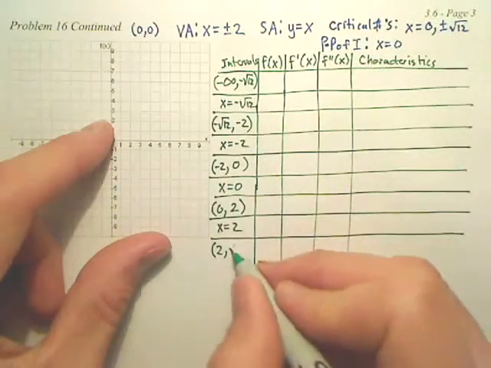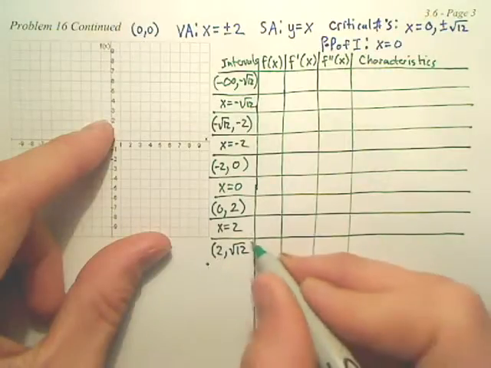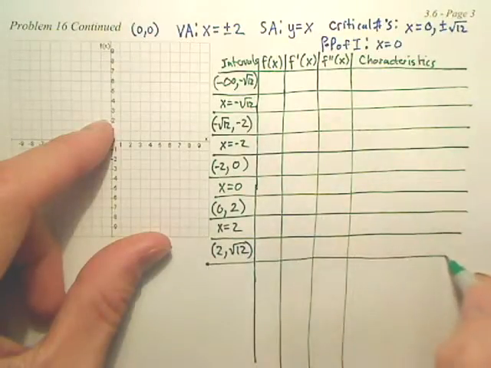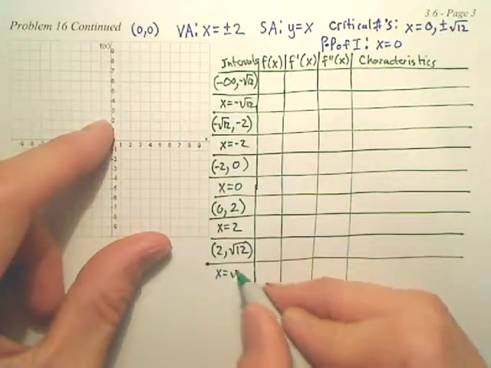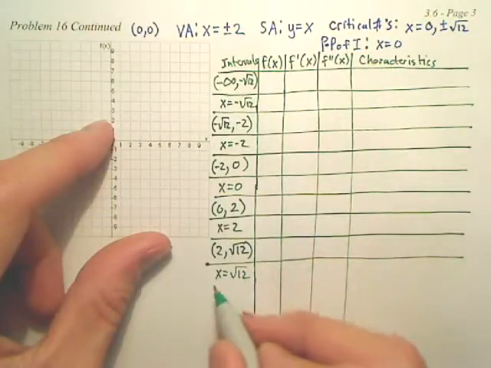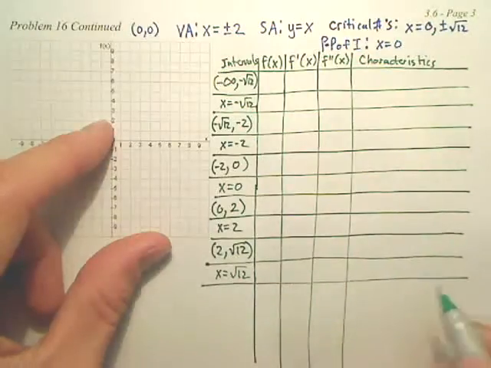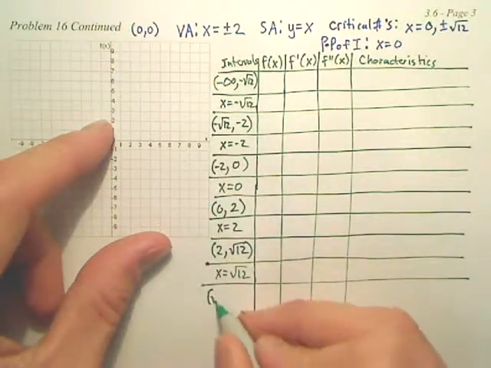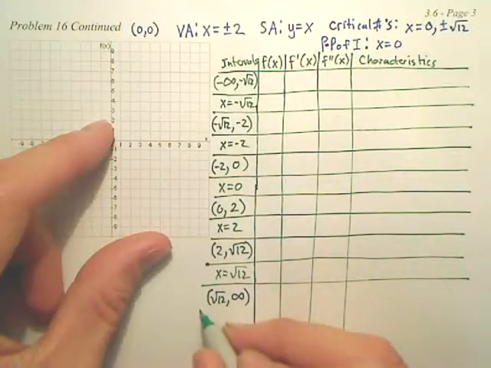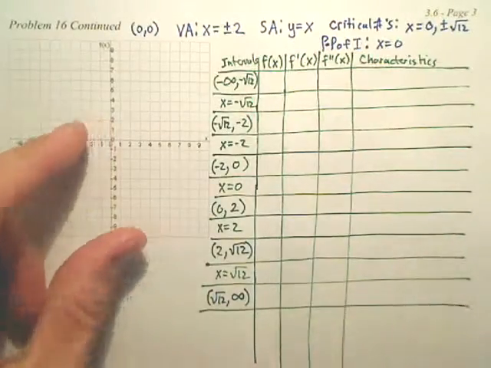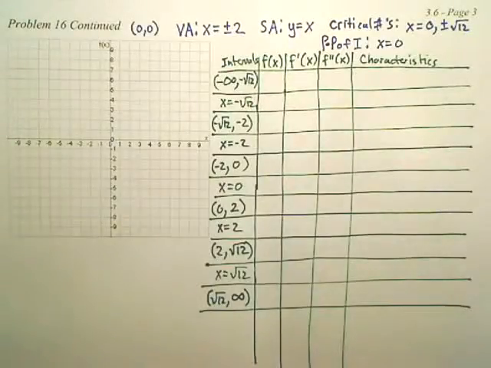Hope I'm not missing something. And then we have x equals square root 12. And then we have square root 12 to infinity. Woohoo! That's going to be fun.